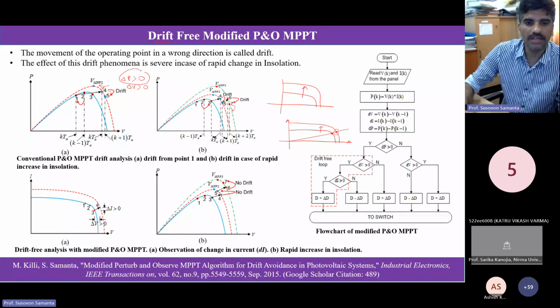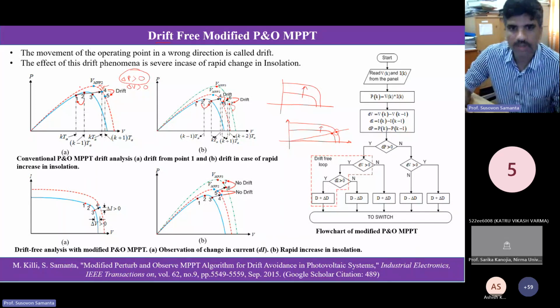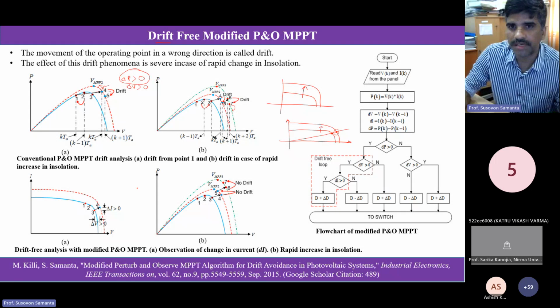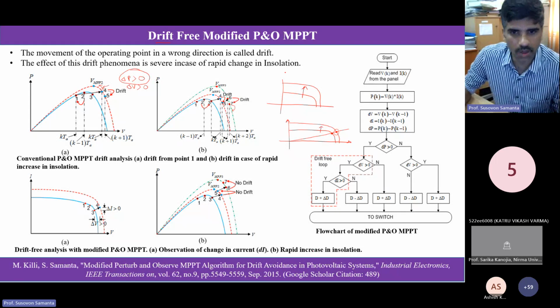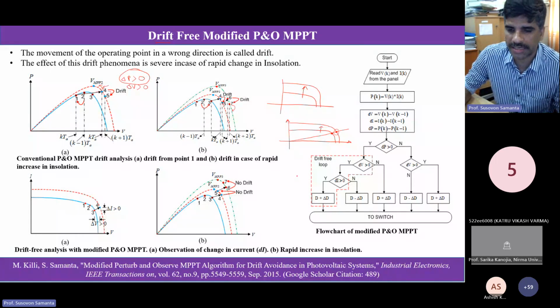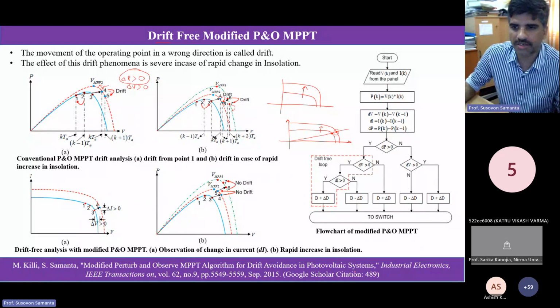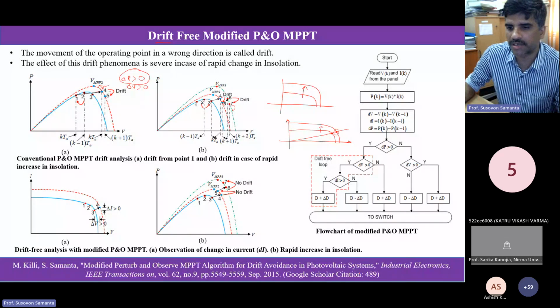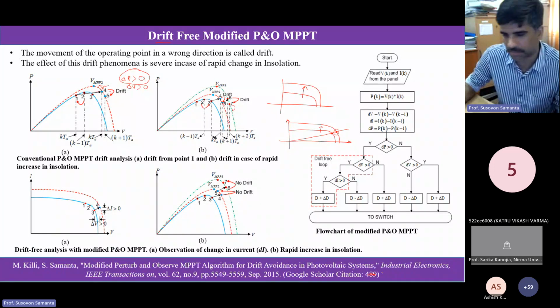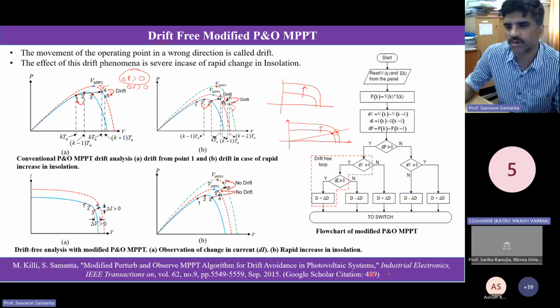So in one of our works, we modified this P&O algorithm by using one simple loop and without using any extra sensor. That is published in IEEE Transactions on Industrial Electronics. It is a well-cited paper, with Google citations now more than 550.